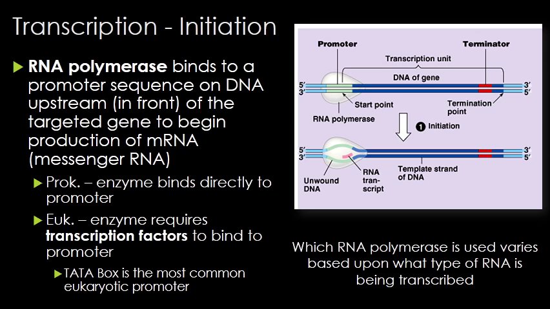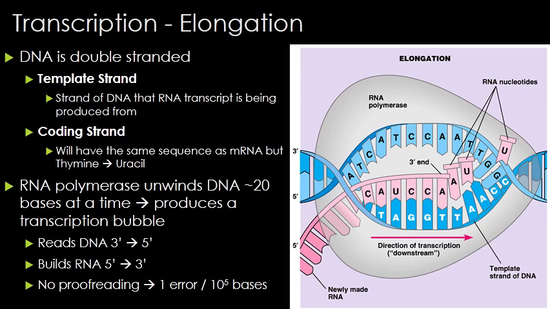So that RNA polymerase is used to produce RNA, and I can use different types of RNA polymerase to produce different types of RNA. We know that DNA is double-stranded and RNA is single-stranded, so RNA is only going to be copying one side of this DNA chain. So we call the side that it is copying the template strand.